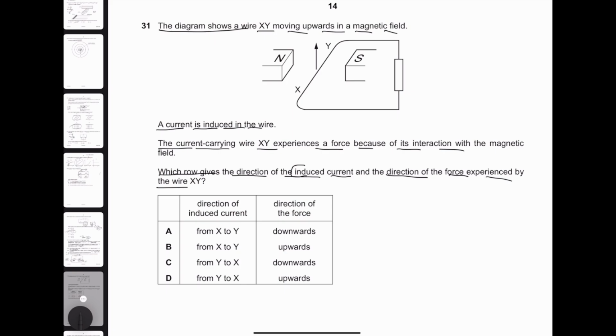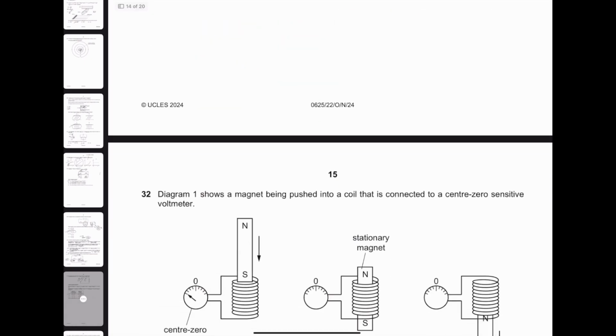So the direction of current will be X to Y, and the direction of force will be downwards. They're asking about the induced current direction and that will be in the opposite direction. All right, so the correct answer should be A. It's a good question. Next question.